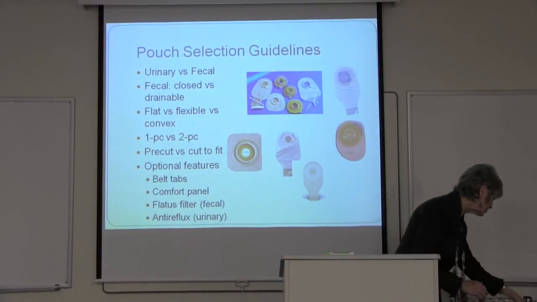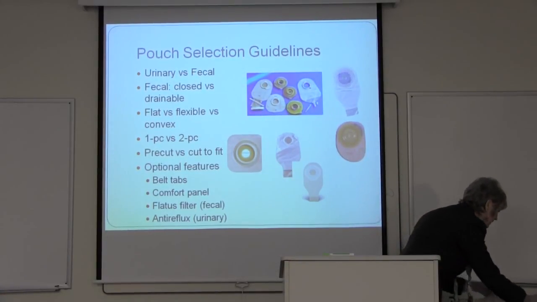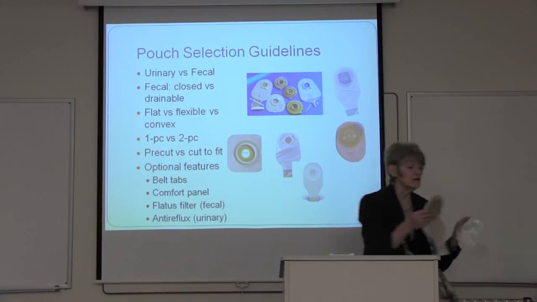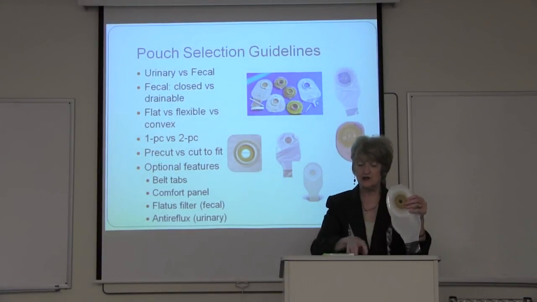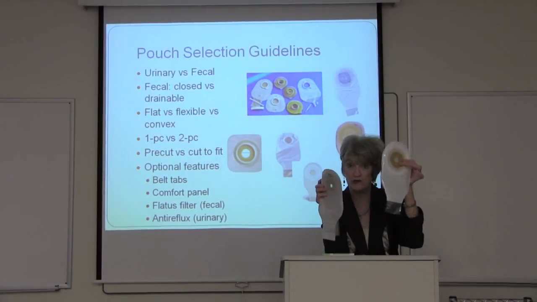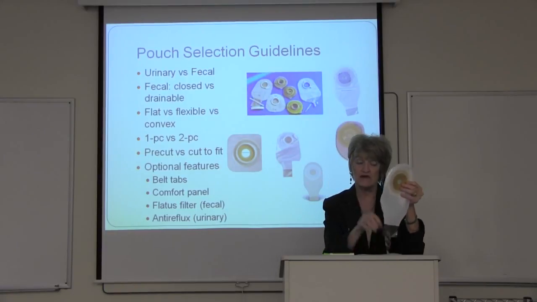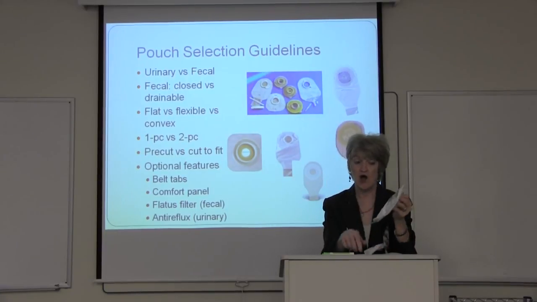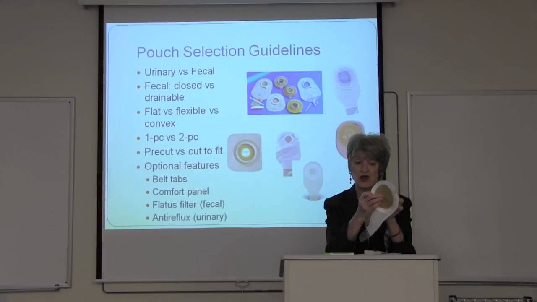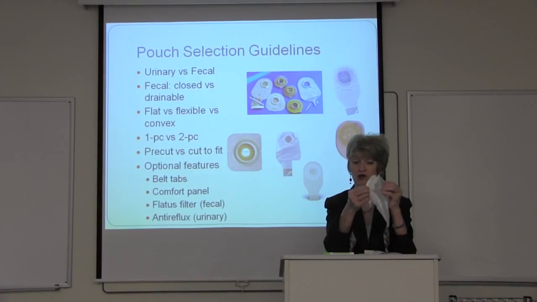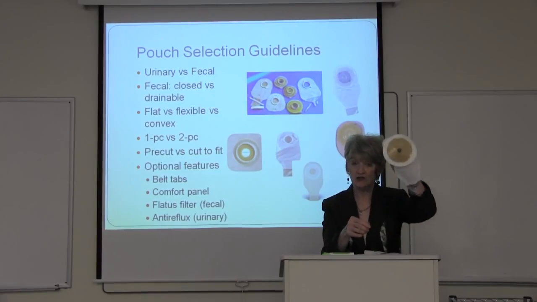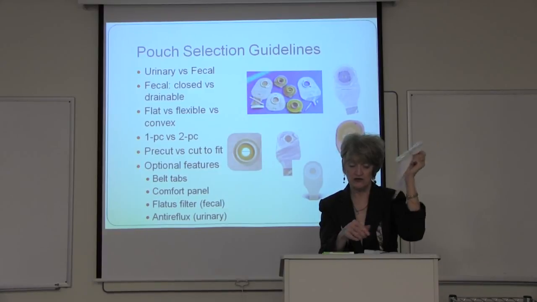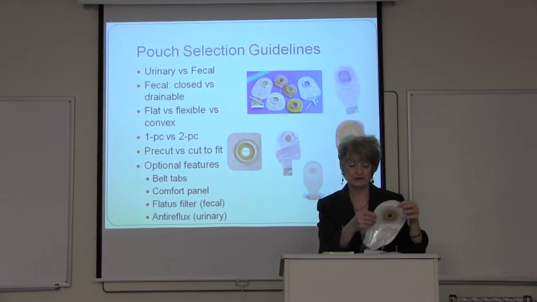One piece versus two piece. Most of you will end up in settings where you have access both to one piece pouches, which obviously are all put together in one piece. So you have the pouch attached to the barrier, it sticks on, and it's removed in one piece.